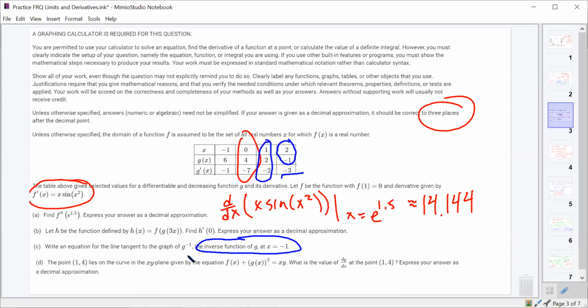If you're sitting on your computer taking the test, you can punch it into any number of online derivative calculators and get the derivative without knowing how to do it. But you can't do this problem by just punching stuff into a website. You've got to actually understand the concepts and the rules to do it. A little more conceptual. Any other questions on this one?